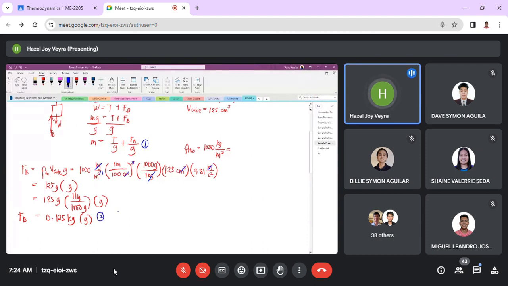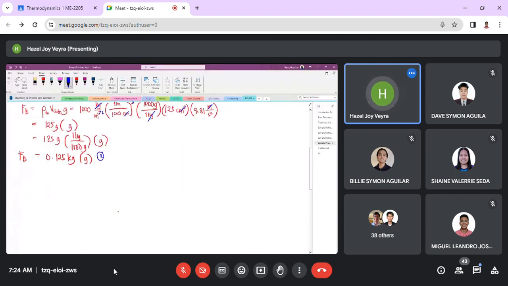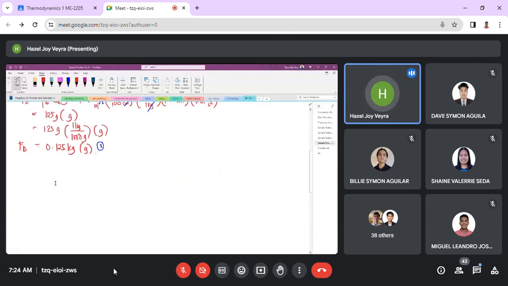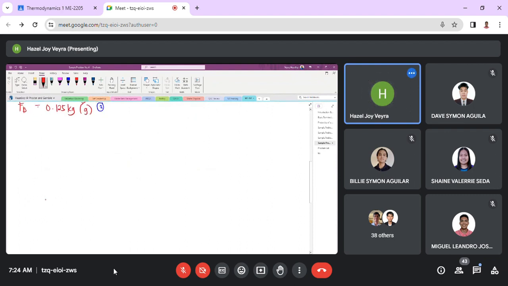So substituting this in the first equation, we'll solve for the mass of the mixture or the unknown material. From equation 1, our equation 1 is the mass of the mixture is equal to tension over gravity plus buoyant force over gravity.